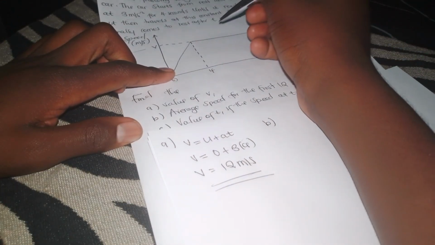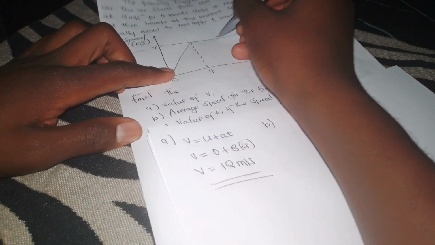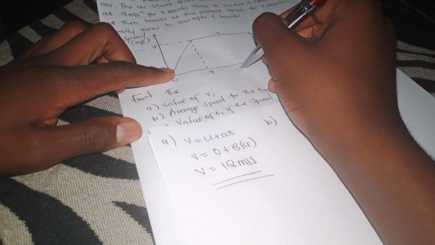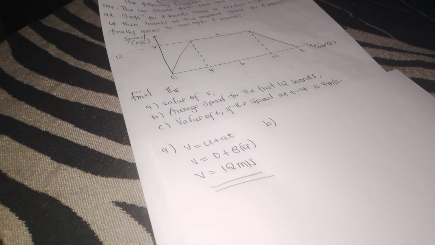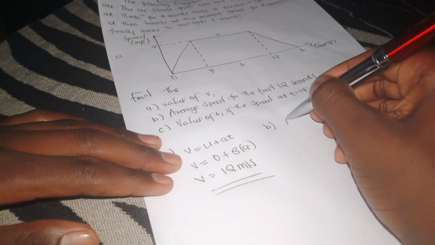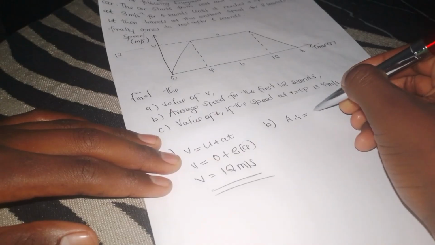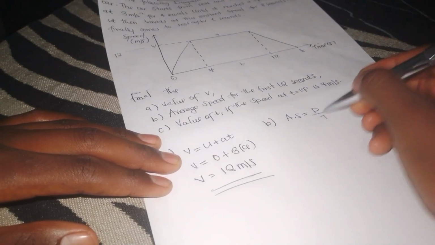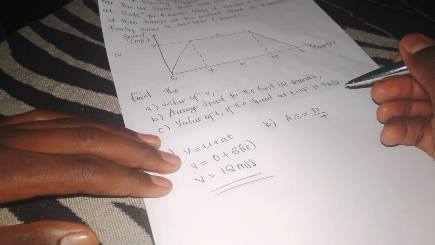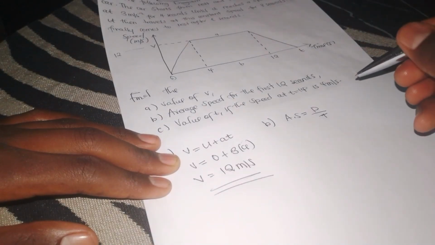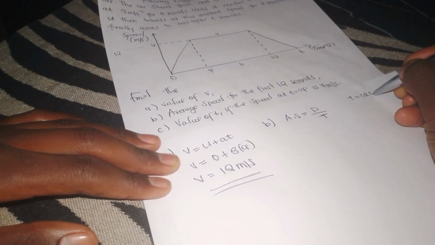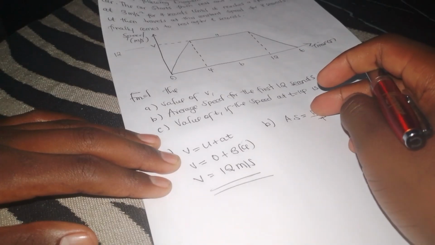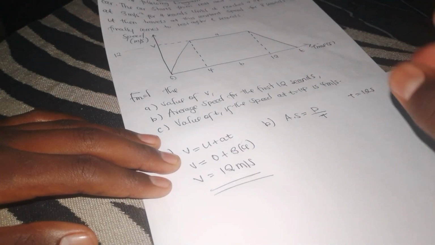So let this be our A and this be our B. Remember, the formula for average speed is equal to distance over time. So we have the time, which is 12 seconds, but we don't have the distance, meaning we have to calculate the distance before we calculate the average speed.